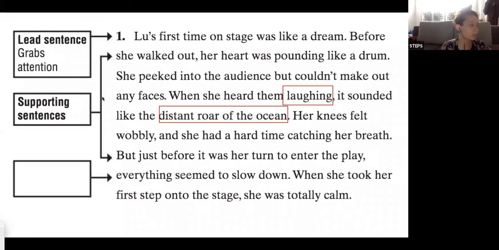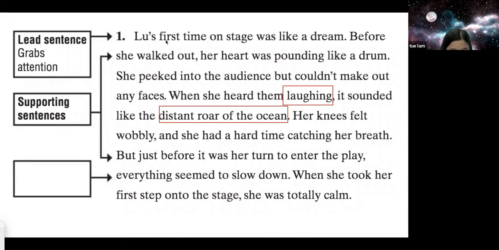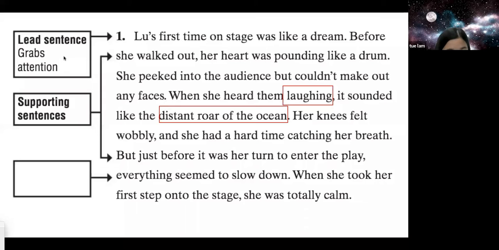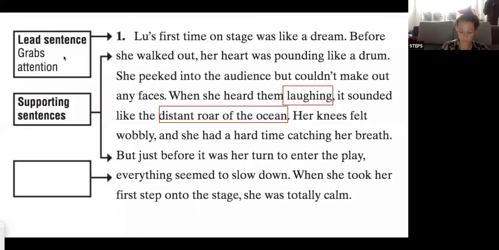Srilam, can you read another supporting sentence for us, please? Her knees felt wobbly, and she had a hard time catching her breath. Okay. So can you tell me how the character is feeling from this sentence? What feeling is this character experiencing?